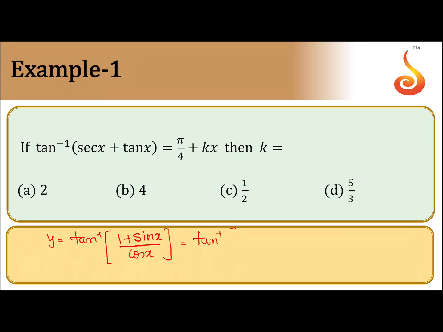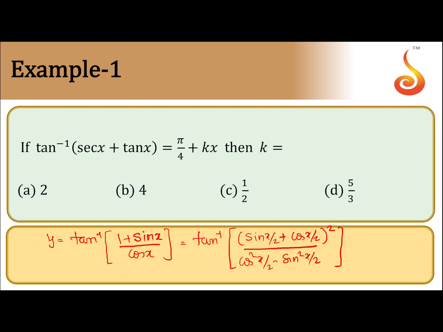Tan inverse (sin x by 2 plus cos x by 2) whole square divided by cos square x by 2 minus sin square x by 2. Again, it is a form of a plus b whole square by a square minus b square.